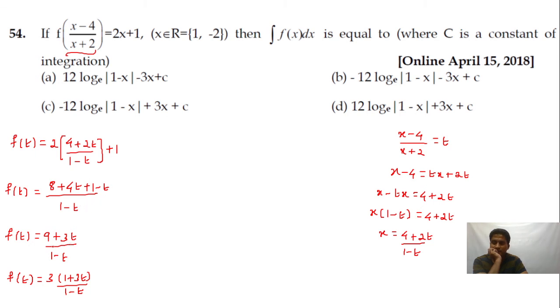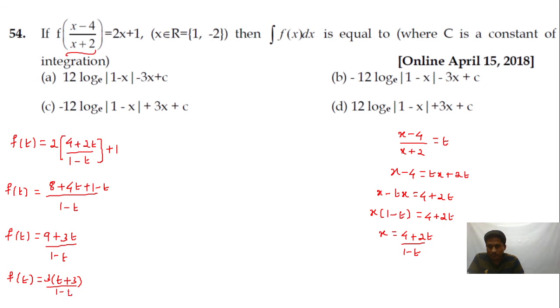Take 3 common. Okay, there's an error here. If you take 3 common, this will be equal to t plus 3. So multiply, you get 3t plus 9 only, upon 1 minus t.